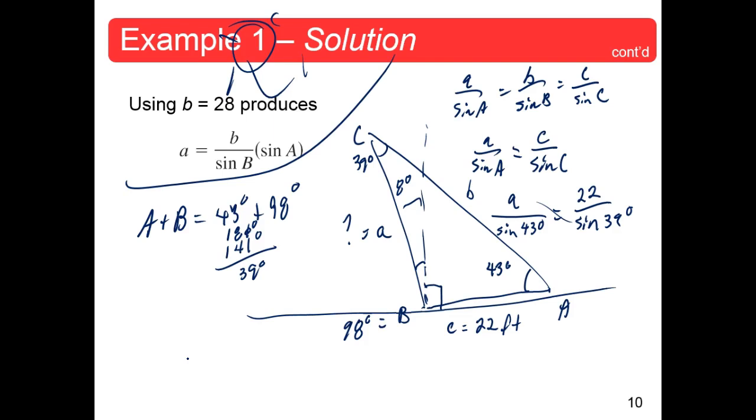A times the sine of 39 degrees is equal to 22 times the sine of 43 degrees. Very good. And then what can you do to solve that for A? Divide by sine of 39 degrees. Okay. Sine of 39 goes out. What does that leave A to be?